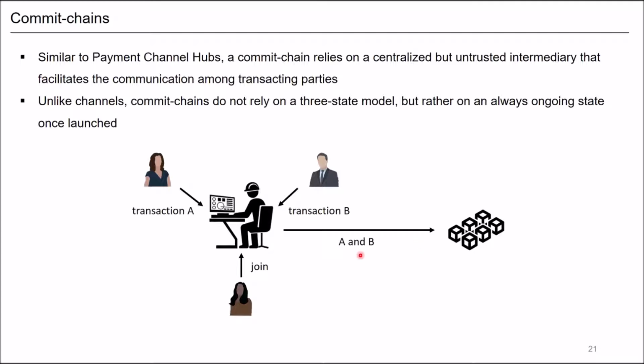Users can join by contacting the operator, and they can then conduct transactions that are recorded on the commit chain, and users can anytime withdraw or exit their assets to the parent chain.